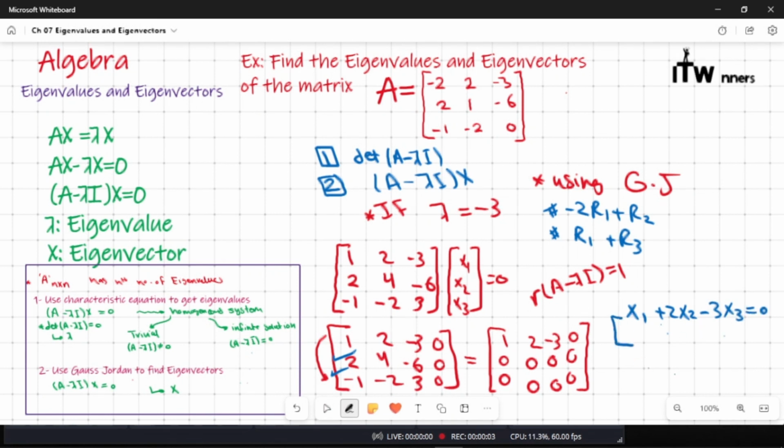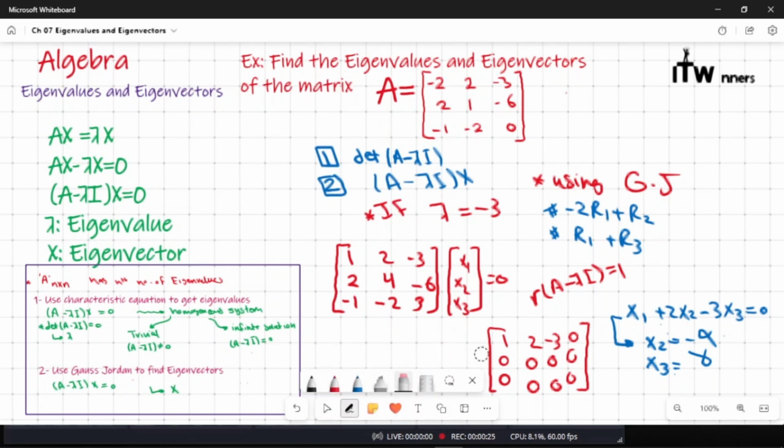Here, let me take x2 equal to negative alpha and x3 equal to gamma. Okay, so let me rewrite the final result.